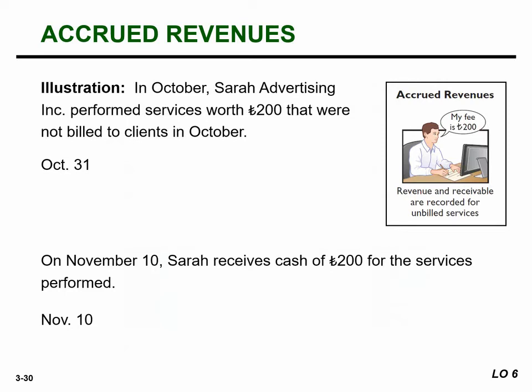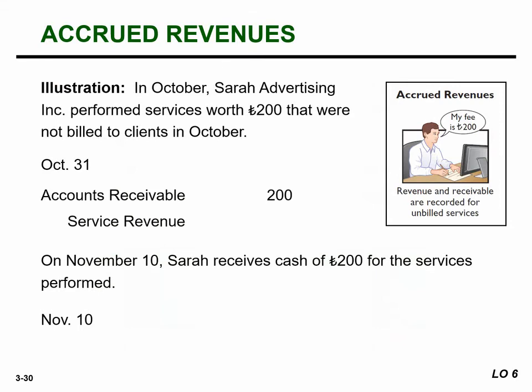So we did not bill him yet. But because we performed the services during the month of October, the month of October should take its share of revenues during the month.